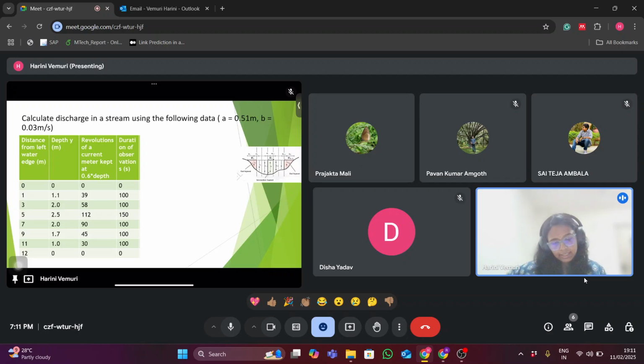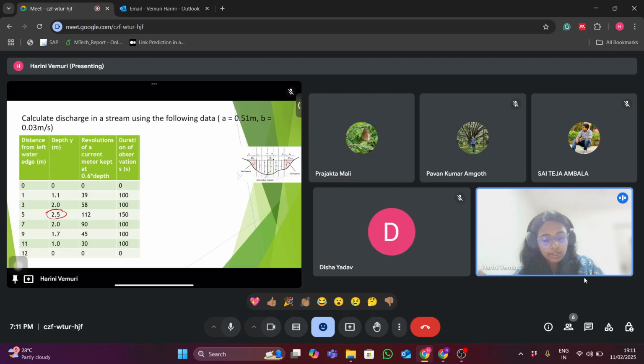So here you can see that the depth of the river is not exceeding 3 meters. The maximum depth is 2.5 meters. So this means the river is a shallow river. So the measurements at 0.6 times the depth of the river are enough for us. And here they have given the revolutions and the duration of the revolutions.